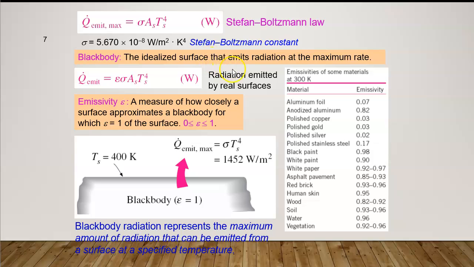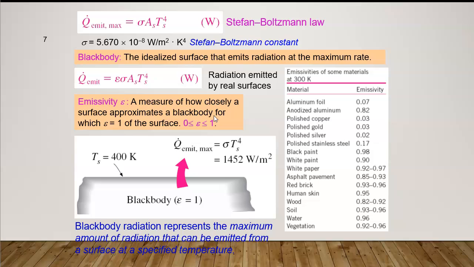If this is the maximum, it's not for a real surface. So for a real surface we must multiply by the emissivity, which is this epsilon. Epsilon equal to 1 means it is a black body.